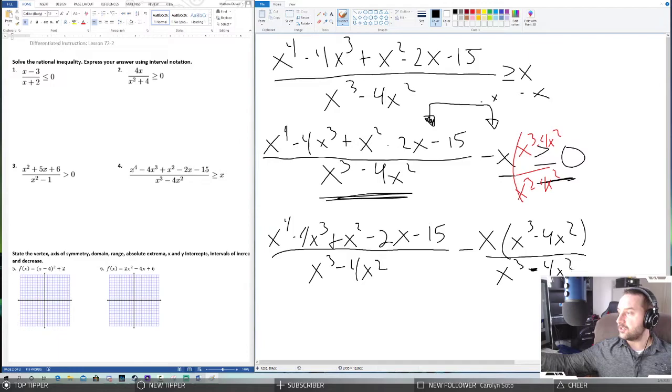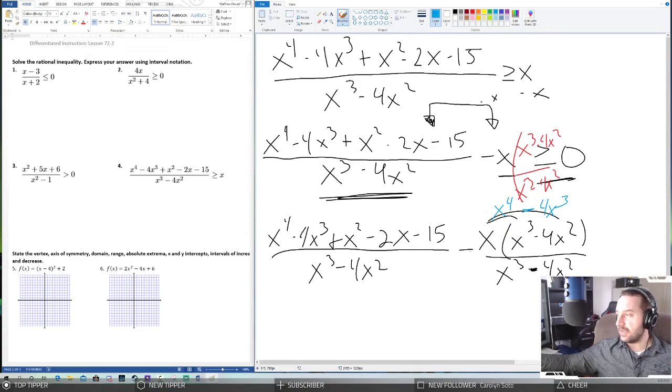So now I just need to distribute this. So if I do that, that's going to give me x to the 4th and then minus 4x to the 3rd.